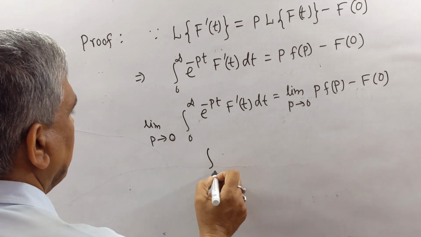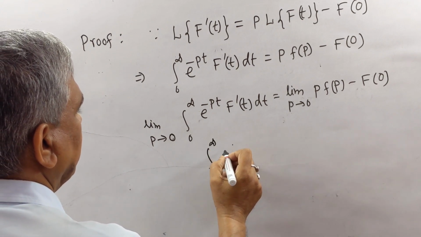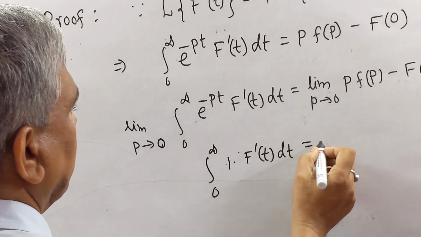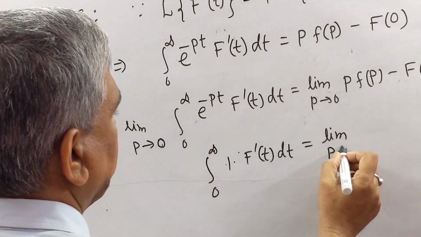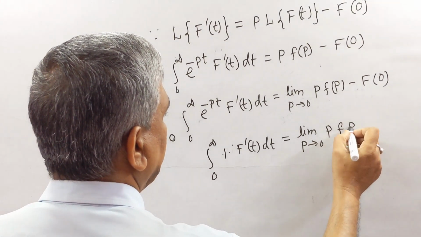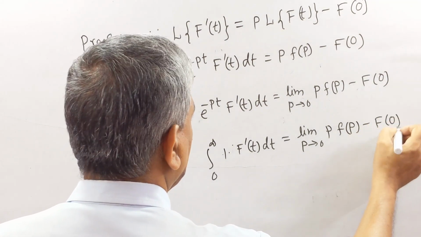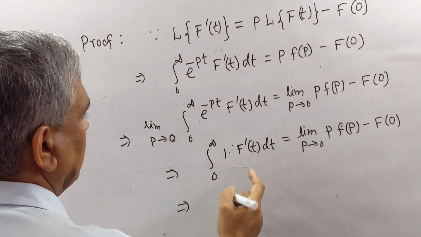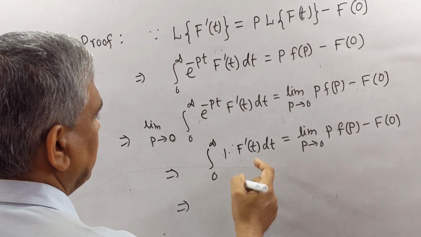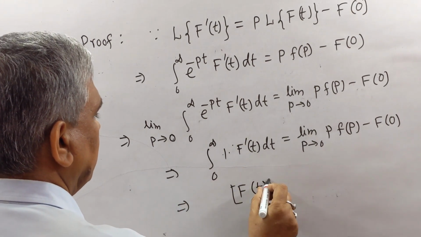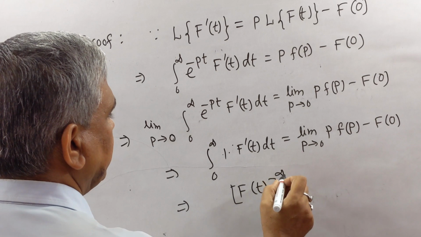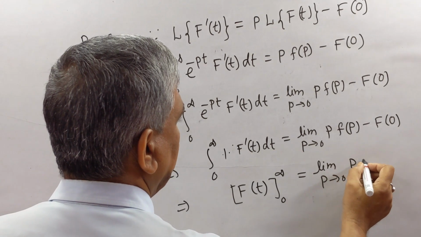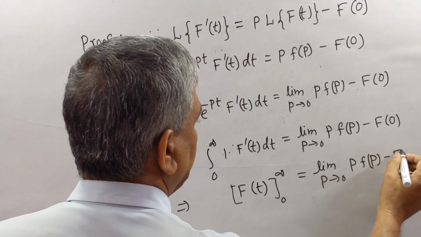So there remains integral 0 to infinity of f dash t dt equal to limit p tends to 0 of p f(p) minus f(0). Integrating this, the integration of f dash t is f(t), from 0 to infinity, equal to limit p tends to 0 of p f(p) minus f(0).